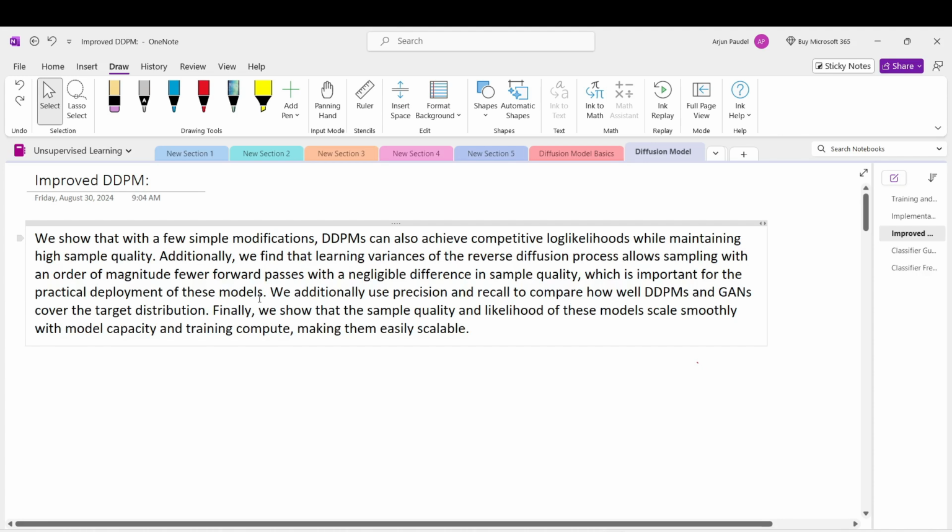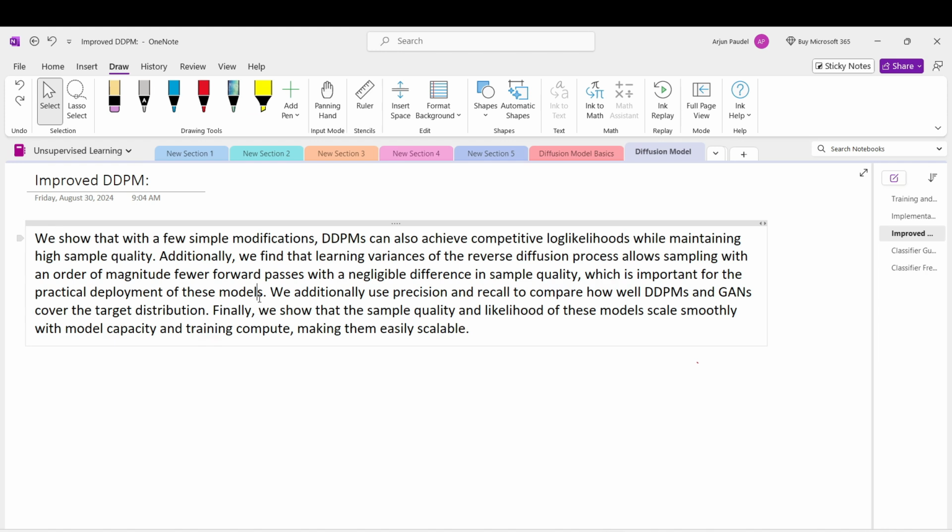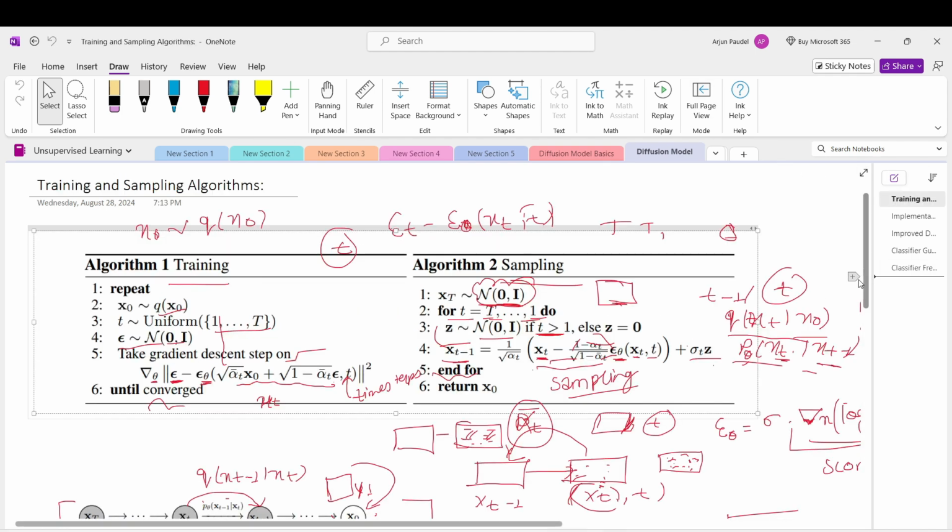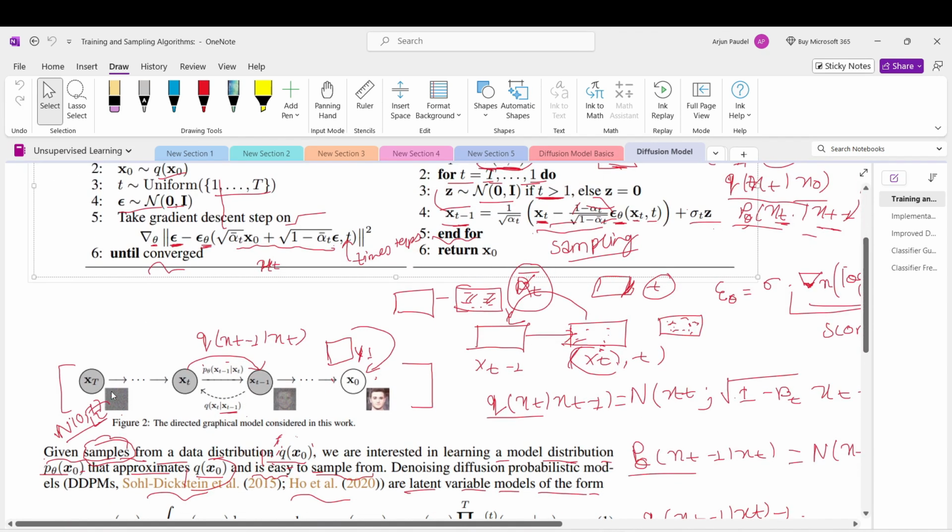In the forward diffusion process we take 1,000 time steps, and going backward we also take 1,000 steps. When we sample Gaussian noise with zero mean and unit variance, we get some xt, and from that xt we are trying to get this image.